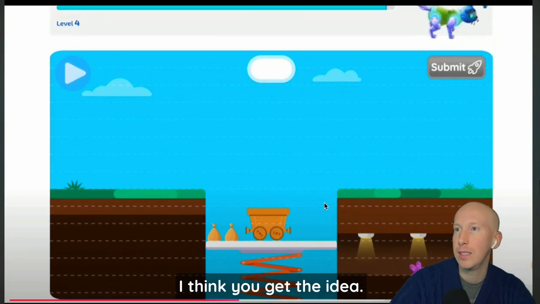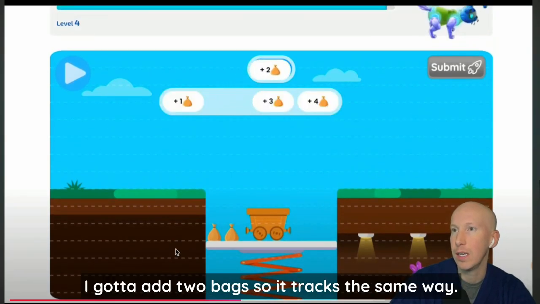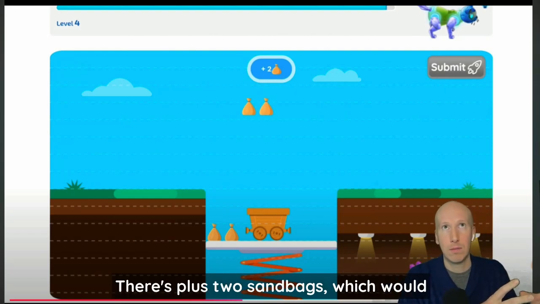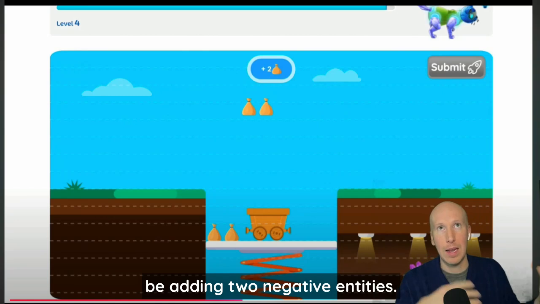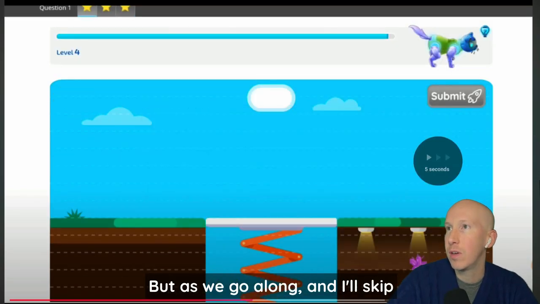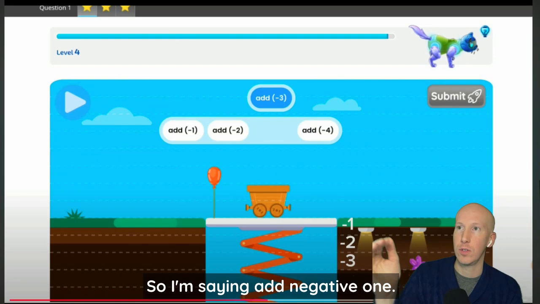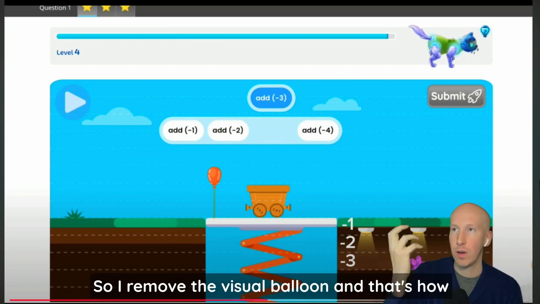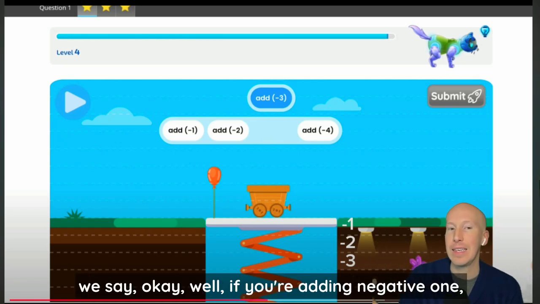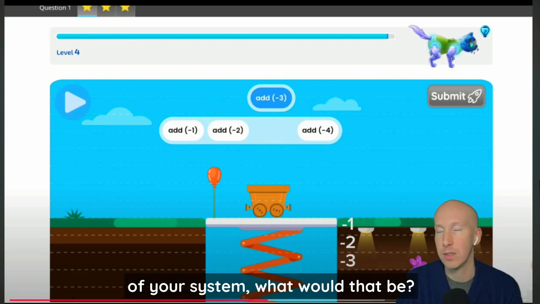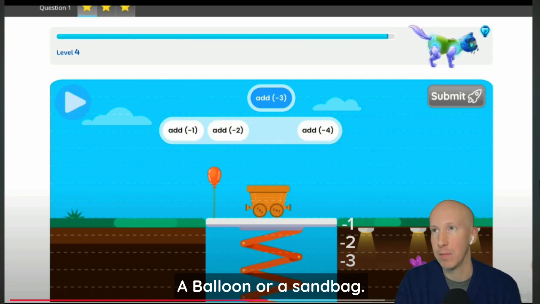I think you get the idea here, add 2 bags. So it tracks the same way. There's plus 2 sandbags, which would be adding 2 negative entities. But as we go along, and I'll skip forward a bit, we add in the language. So I'm saying add -1. So I remove the visual balloon, and that's how we say, well, if you're adding -1, something that has a negative impact on the value of your system, what would that be, a balloon or a sandbag?